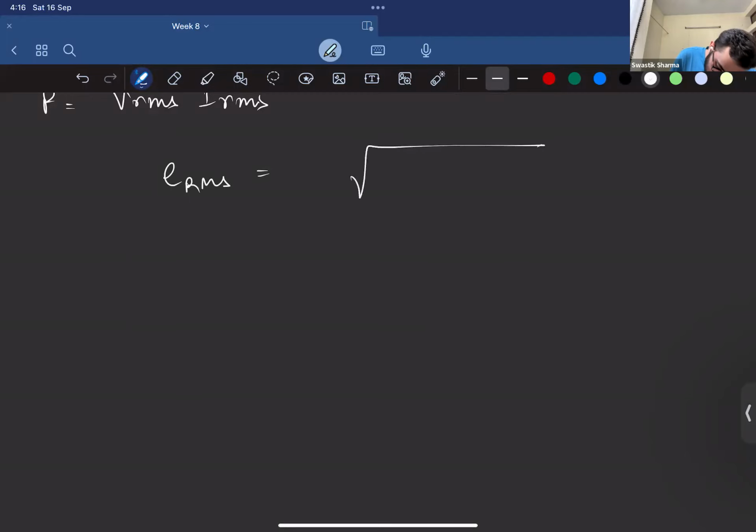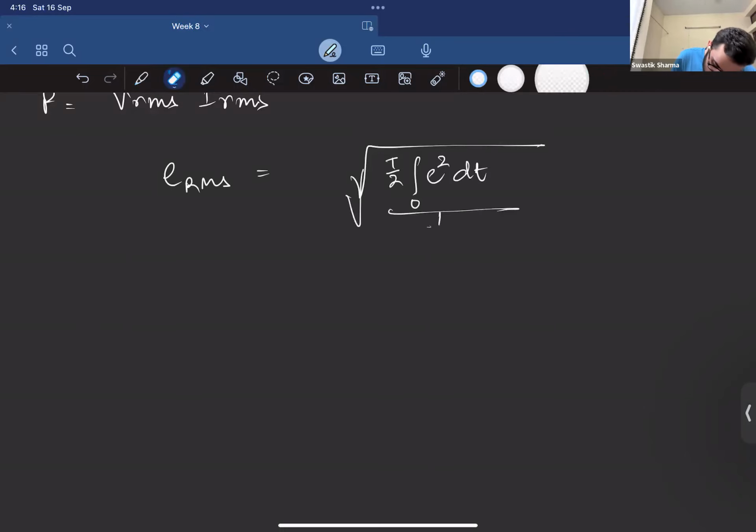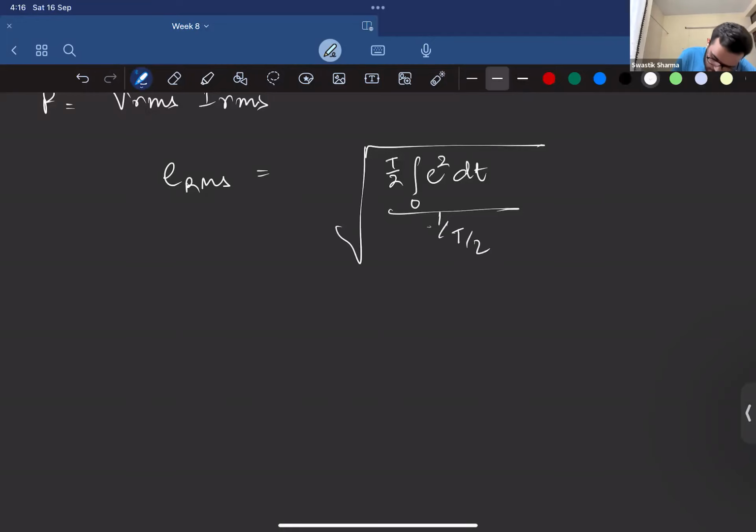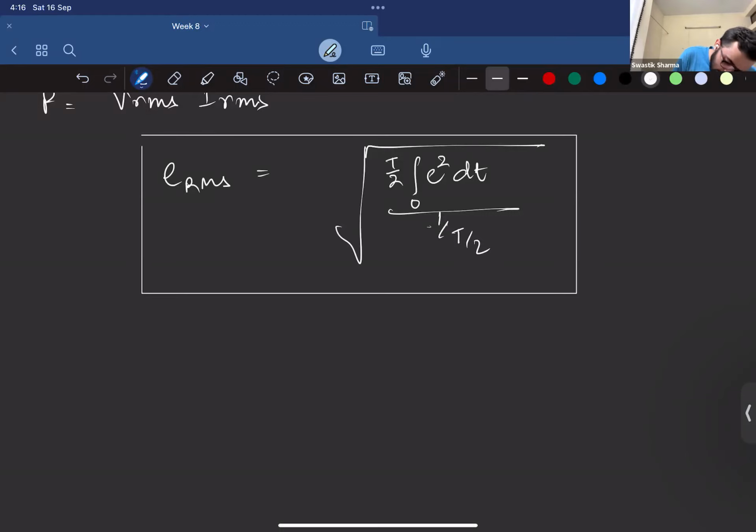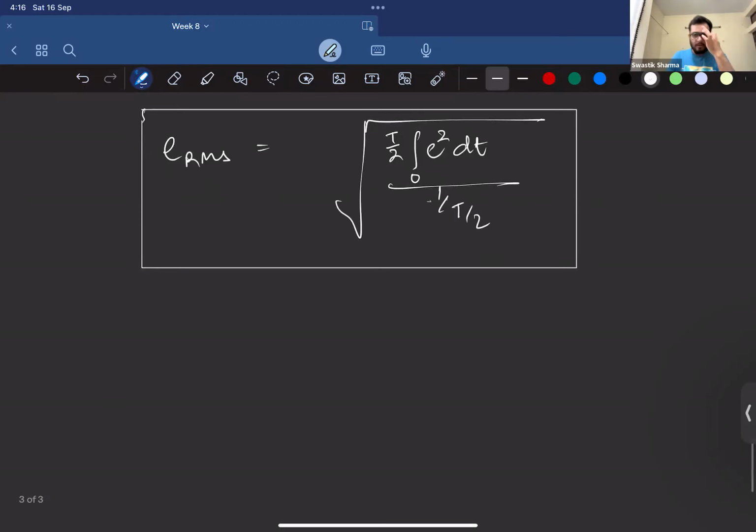So RMS of E is nothing but the integral from 0 to T by 2, because we are still going to take the half cycle, of E square dt, times 1 over T by 2, all under the square root. So that's how we calculate the RMS value of the circuit.